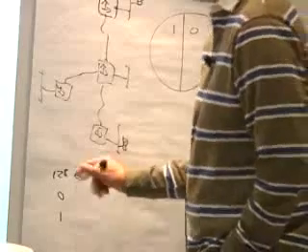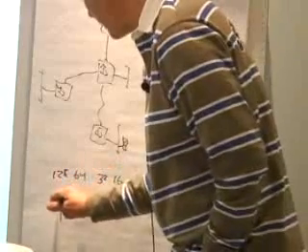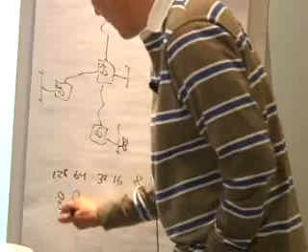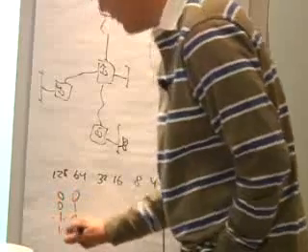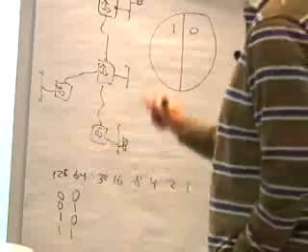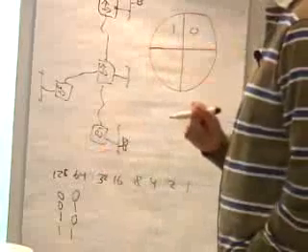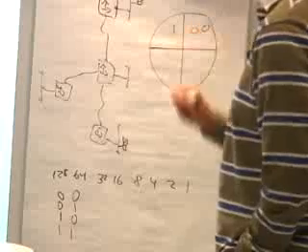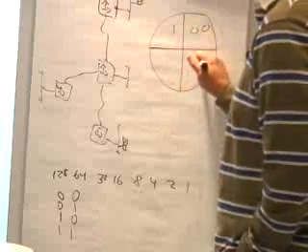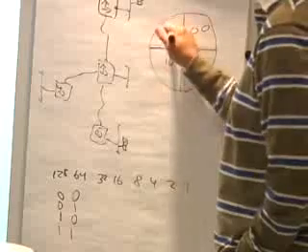If I borrow another bit, that bit could be 0 or 1, in which case it could be 00, 01, 10, or 11, right? Those 2 bits. Meaning that I'm now splitting this into 4 parts. If it's 00, it's here. If it's 01, it's here. If it's 10, I'm in that part. And if it's 11, I'm here.